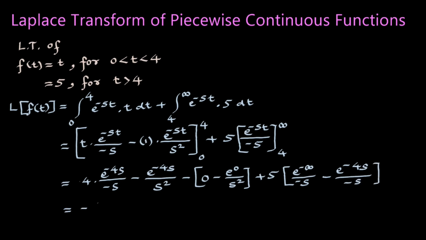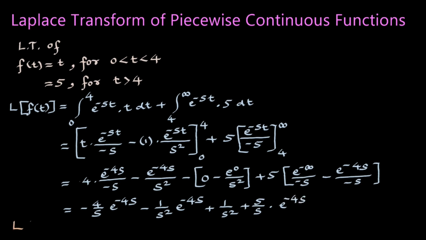This is minus 4 upon s e raised to minus 4s, minus 1 upon s square e raised to minus 4s, plus 1 upon s square, plus 5 upon s into e raised to minus 4s.